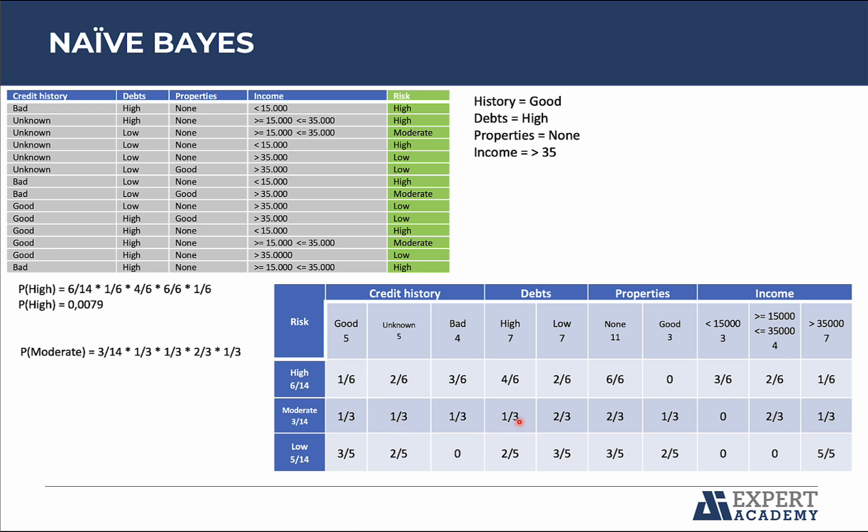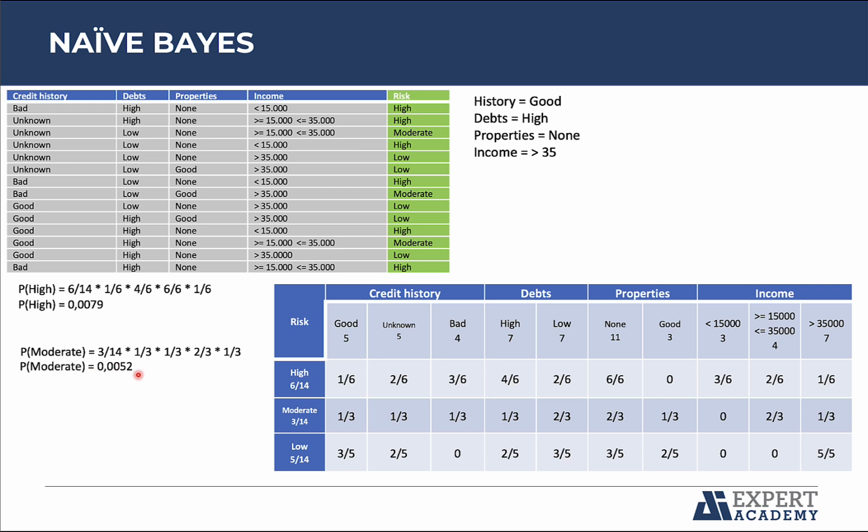Debts high, 1 divided by 3. Properties none, 2 divided by 3. And finally, income greater than 35, 1 divided by 3. We just multiply the values and this is the result.